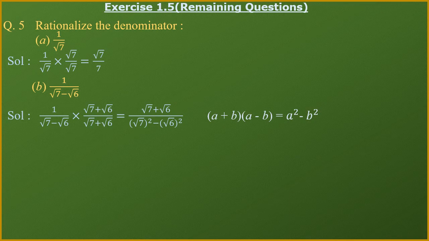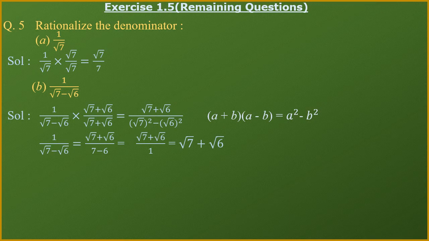So now if you solve it further, this will be root of 7 plus root of 6, that will be same, and as you know, root of 7 square will be root of 7 into root of 7, and you know that root of a into root of a becomes a. So root of 7 into root of 7 will become 7. Similarly, if you find the square of root of 6, that will again become 6.